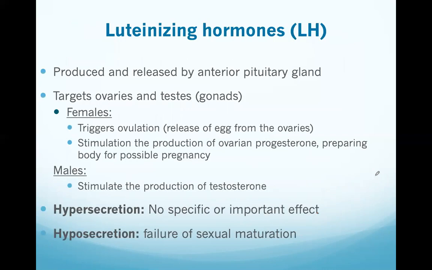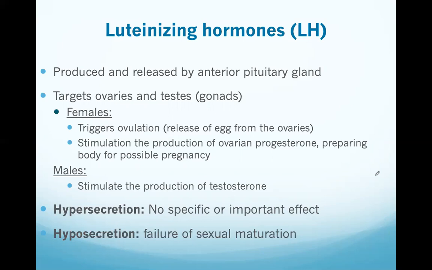Now, luteinizing hormone, or LH, again targets your gonads, which are the ovaries and testes for female and male respectively. In females, again, it has more jobs. It helps the process of ovulation, which is when your egg gets released from the ovary and can now travel through the fallopian tube into the uterus.